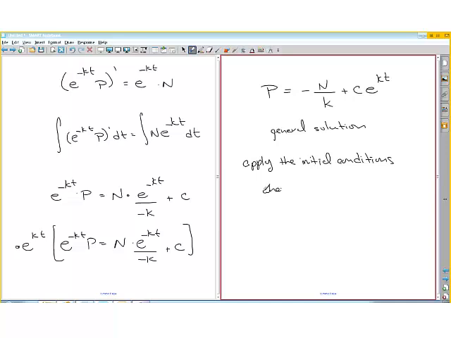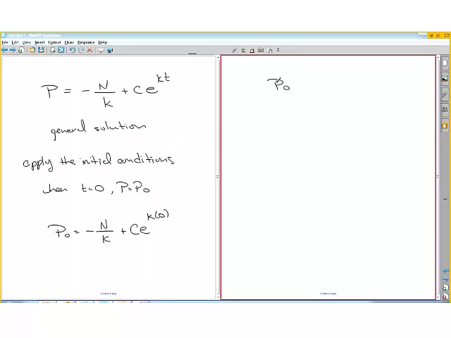So now we apply the initial conditions. The initial condition says when t equals 0, p equals p0. So for p, we put in p0. The first term is not affected by the value of t, plus c e to the k times 0. So e to the 0 is 1. So we get p0 is equal to minus n over k plus c.